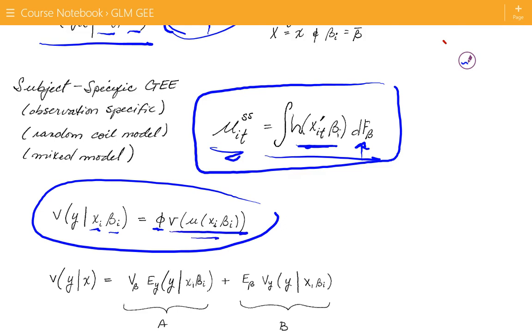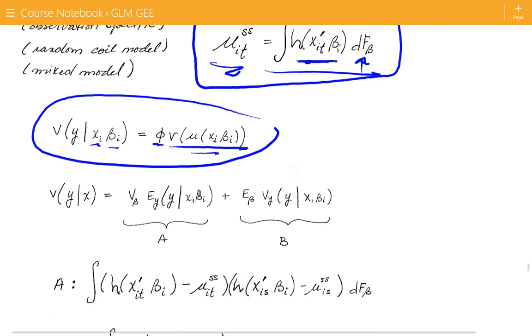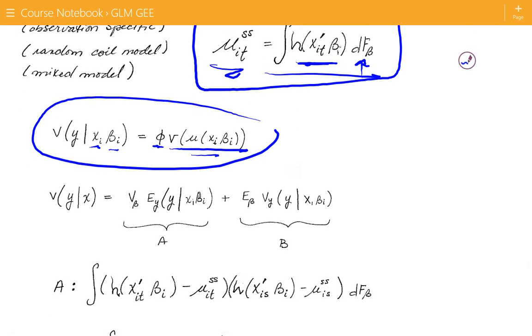This is kind of our generalized linear model approach to specifying the variances. And the variance of y given x is, this is a statistical identity, the variance with respect to the distribution of beta of the expected value of y given x and beta plus the expected value of the variance of y given x and beta.